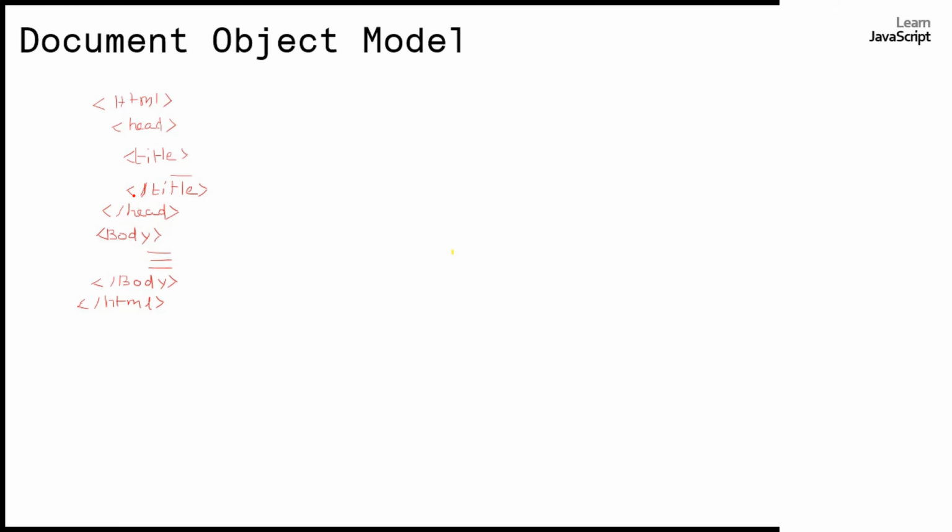And if we want to represent this as a document object model, and if you see the relationship here, HTML is the parent of all the children.